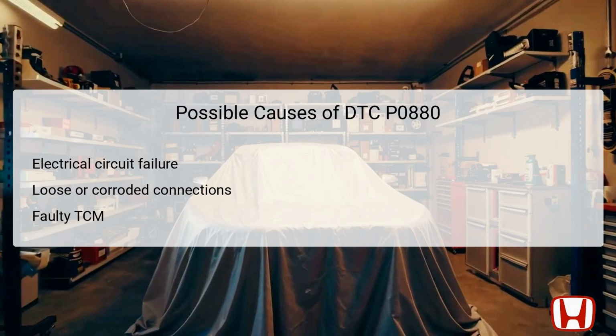Since this code does not stem from mechanical failures in the transmission, it is crucial to focus on the electrical integrity of the system. Every cause can lead to an incomplete energization of the TCM, making it a priority to methodically inspect the related circuits and connectors for any signs of wear or damage.